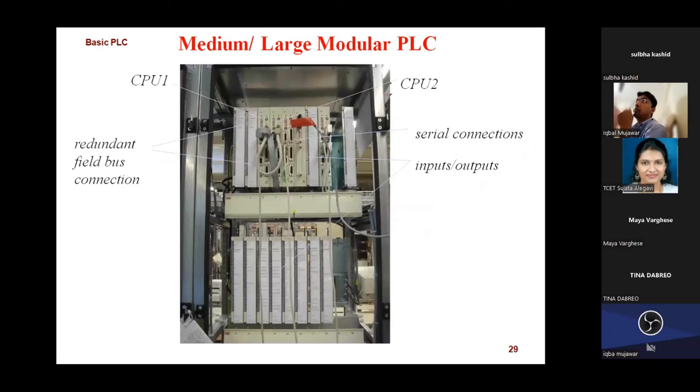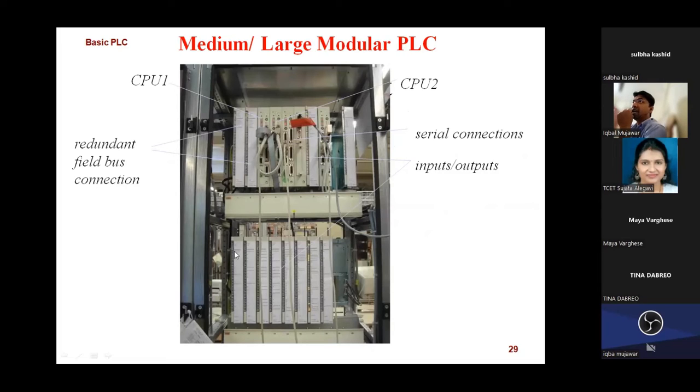And this is the last example, medium and large size. These are racks in which you can see the input output modules. Two CPUs are there, CPU 1 and CPU 2. Some serial connections are there for uploading and communication.